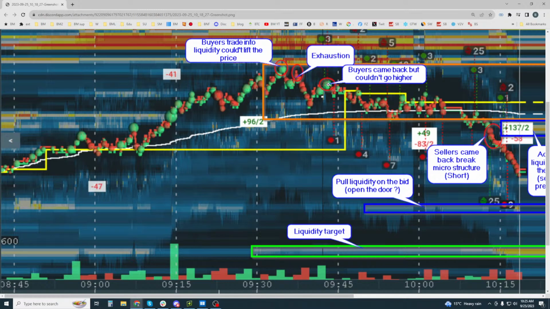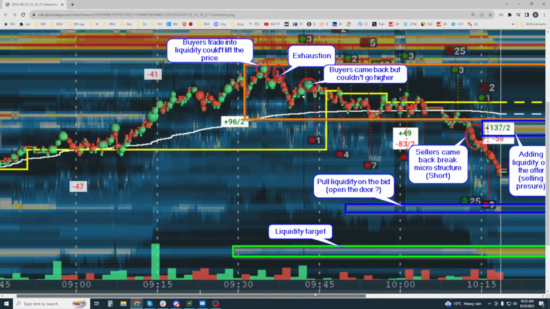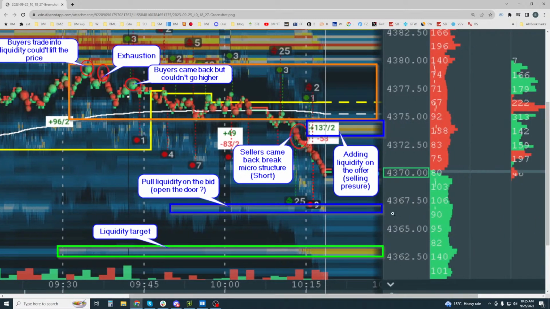Here they come again, but they can't get higher. Back and forth in here, and then he sees the sellers break it. So he's targeting this liquidity down here. Beautiful stuff. Adding liquidity on the offer here, skewing that order book like we were just looking at.